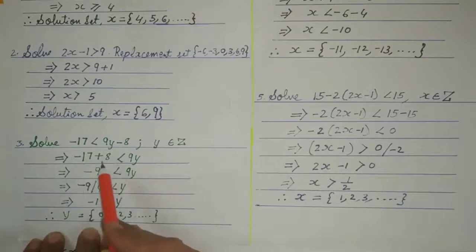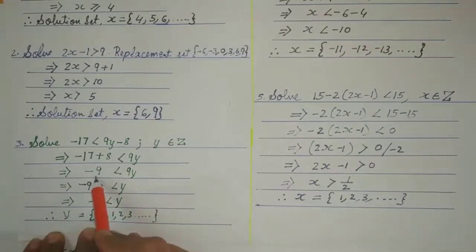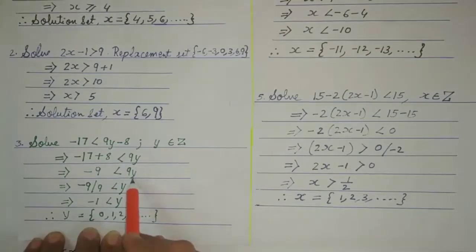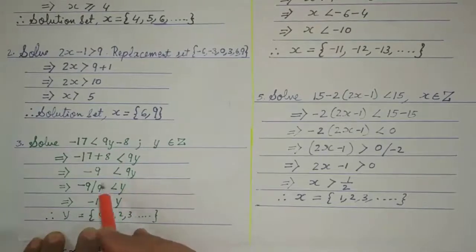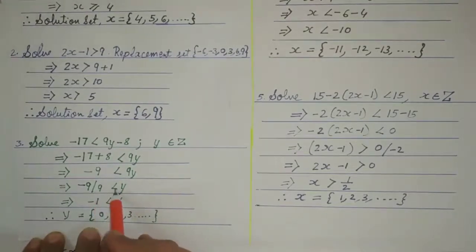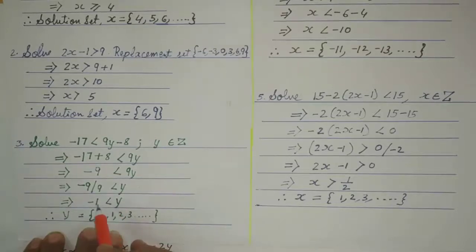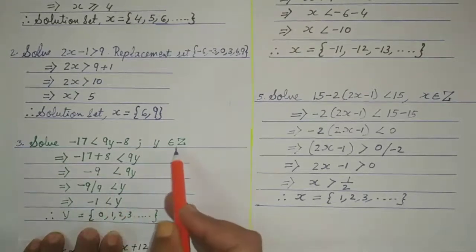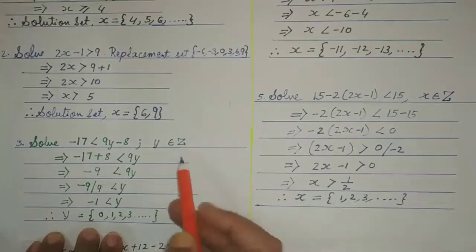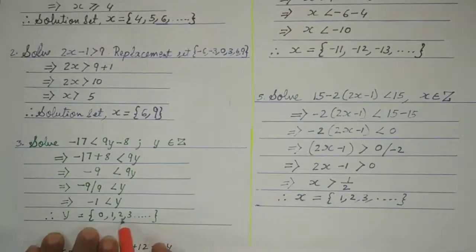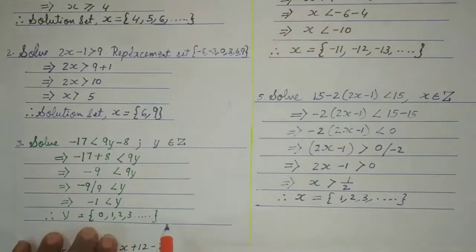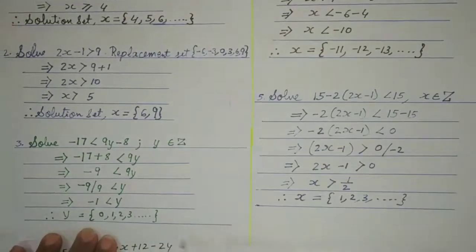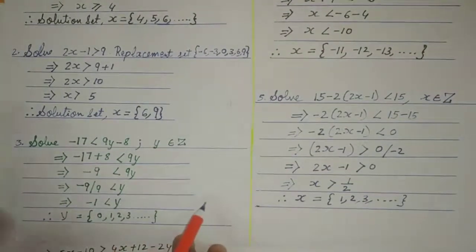Minus 7 plus 8 is 1, the sign does not change, 1 less than 9y. We divide by the positive 9, so the sign does not change. So 1 less than y. That means y is greater than 1, and the replacement set is integers. So the answer is 2, 3, and endlessly it will go, because integers can go up to infinity.